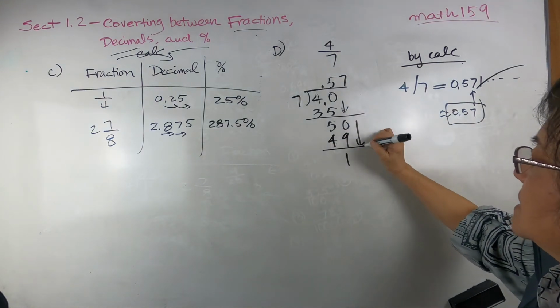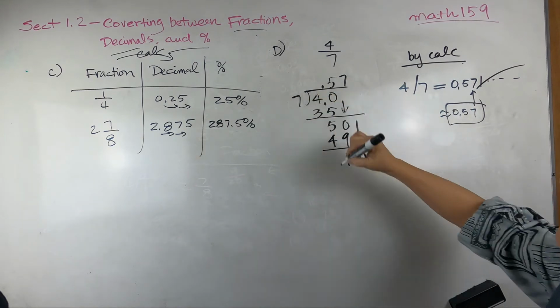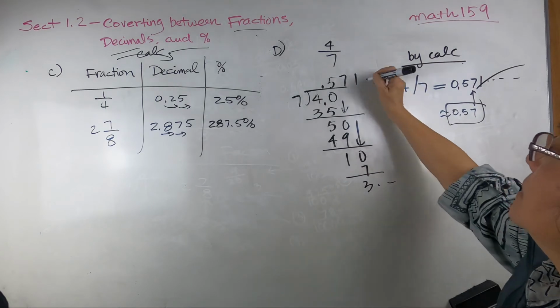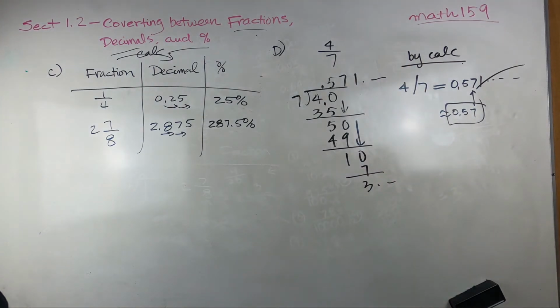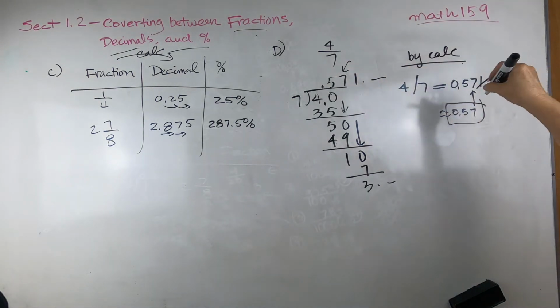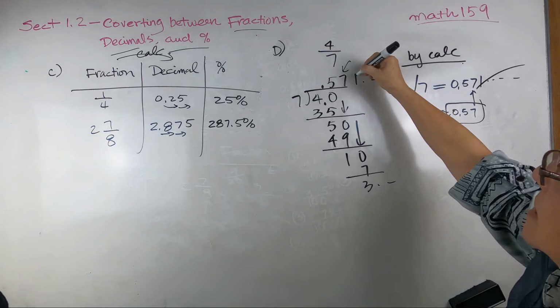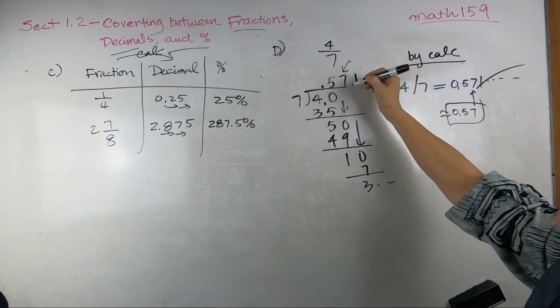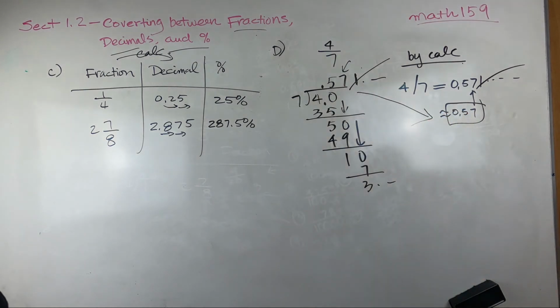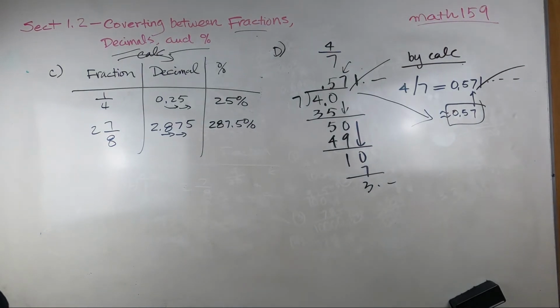Then 1, you drop another 0. 7 can go into 10 one more time. You keep going, but we say we are going to round to the nearest hundredth. So it's here. We don't need to go any further because all we need is one position more to decide. Then you drop it. You end up with 0.57. Are we good?